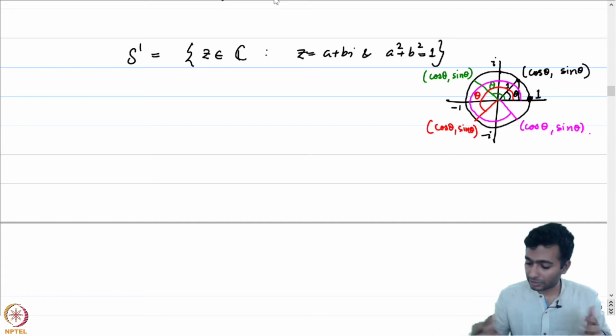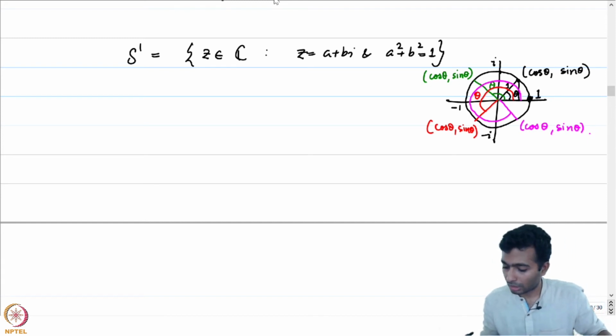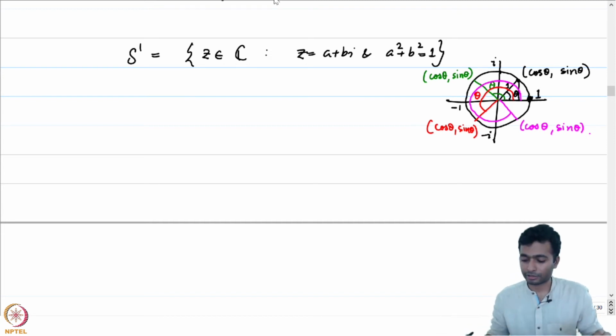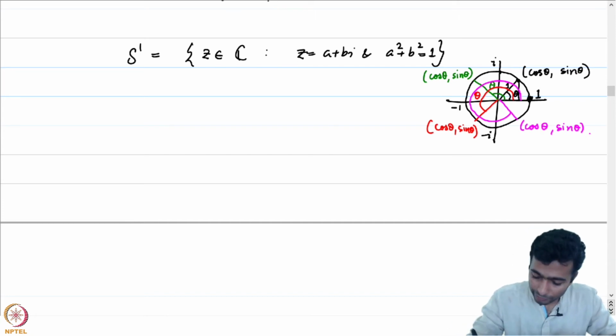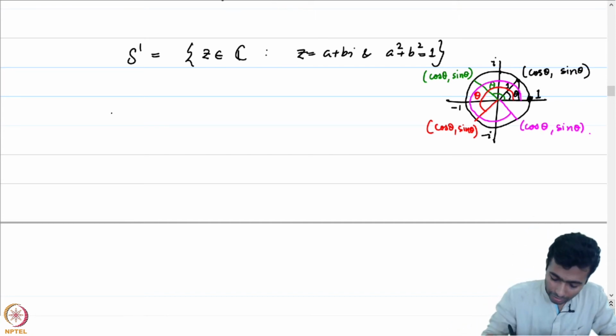Right, so this tempts us to use this representation somehow to describe the isometries. Before we actually get into that, let me talk about the polar representation of a complex number.